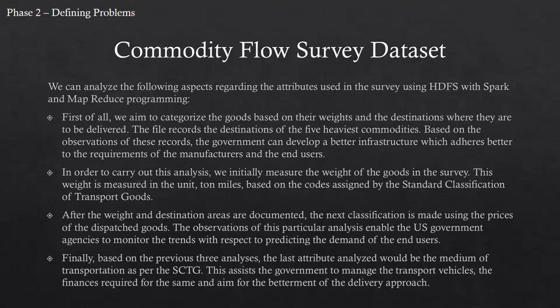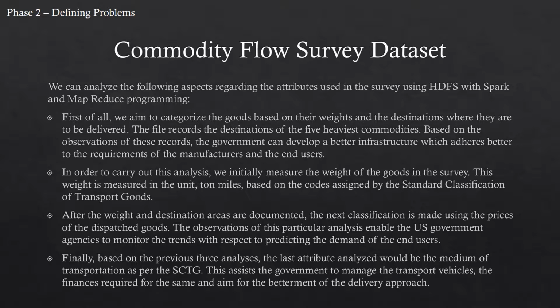The file records the destination of the five heaviest commodities. Based on the observations of these records, the government can develop a better infrastructure which adheres better to the requirements of the manufacturers and the end users.